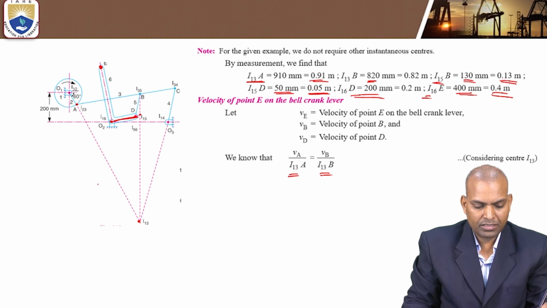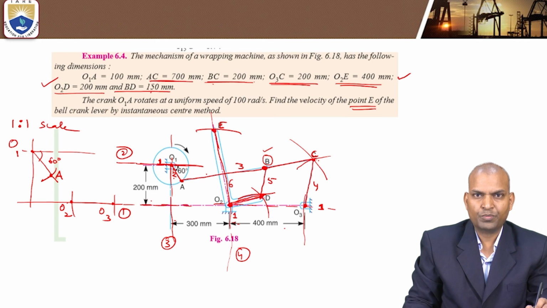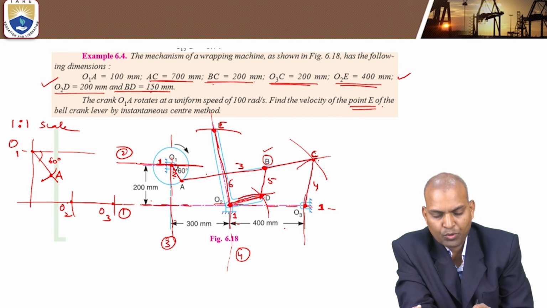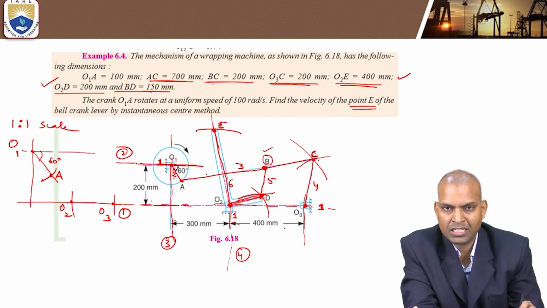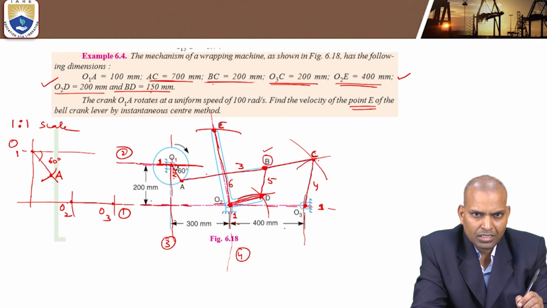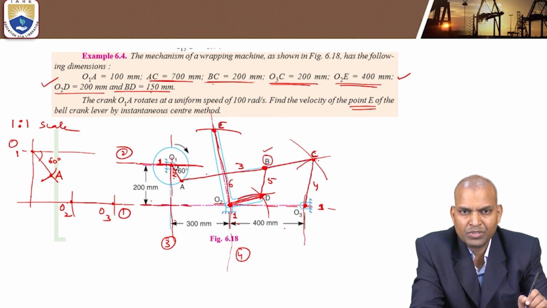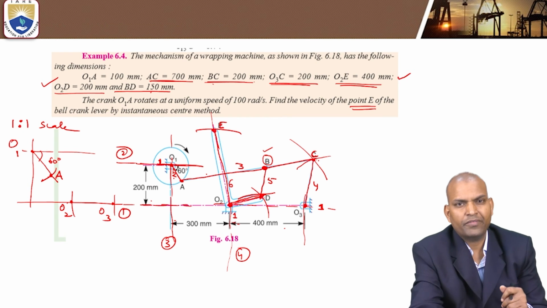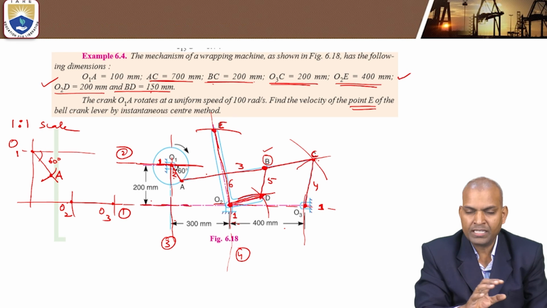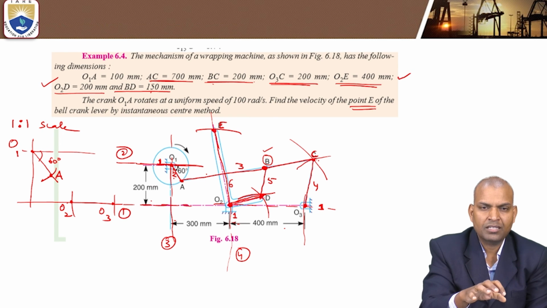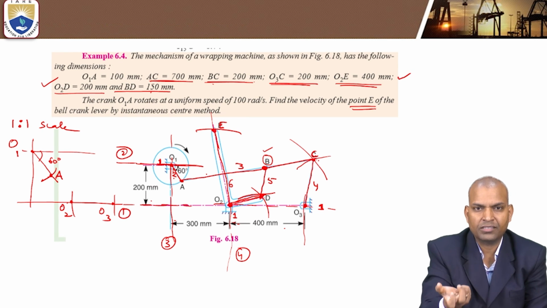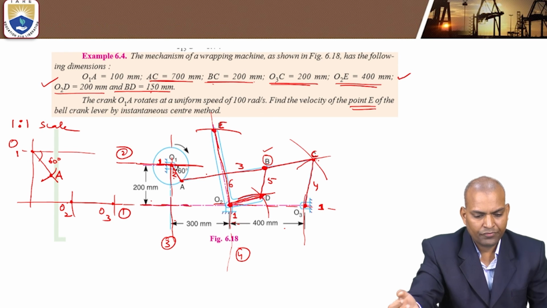We did not locate all the I centers in this problem, because it is not asked. The objective in this problem is only to find the velocity of the point E of the bell crank lever by the instantaneous center method. Whenever only velocity is asked, it means linear velocity, not angular velocity. For angular velocities, it will be mentioned directly: find the angular velocity of the links. So it is a very important problem.